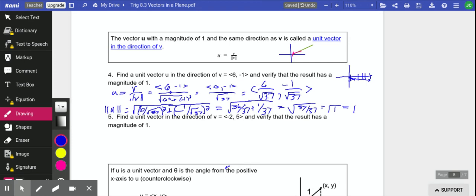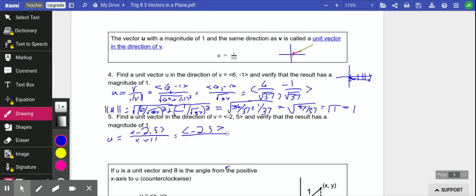All right, let me show you one more of these before we move on. So we want to find a unit vector in the direction of -2, 5. So again, to find a unit vector, we take our vector v, -2, 5, and we divide by the magnitude of v. Okay, so we're going to take this -2, 5.